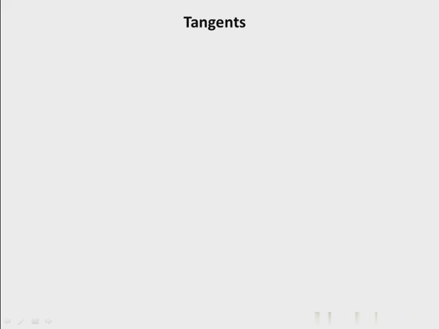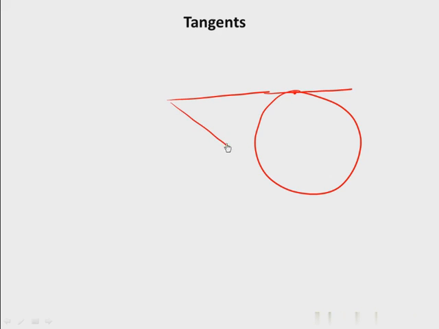Tangents. What are tangents? A tangent is a line that touches the circle at exactly one point. So it's very different from a chord which touches the circle in 2 points. So here are 2 tangents. Here's another tangent. What's special about the tangent?